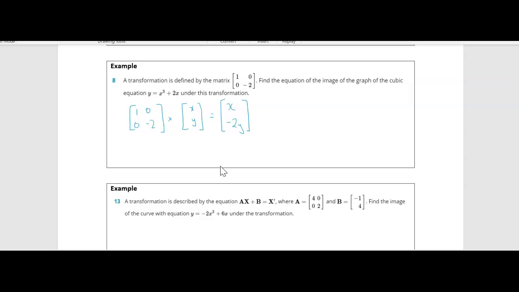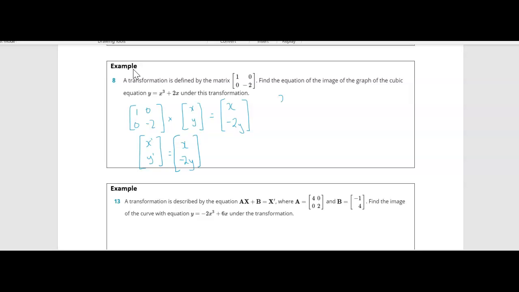All right, so they're our new points. So actually, sorry, I put my little dash on the wrong things. So the image of x and the image of y in a matrix is equal to x, -2y.